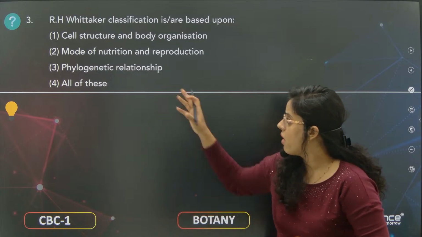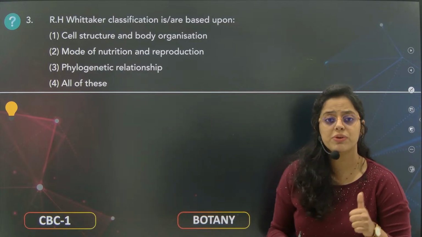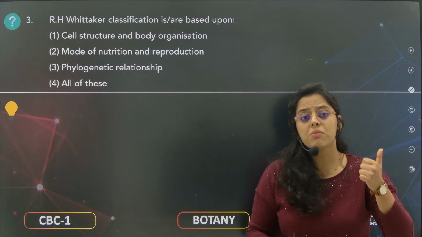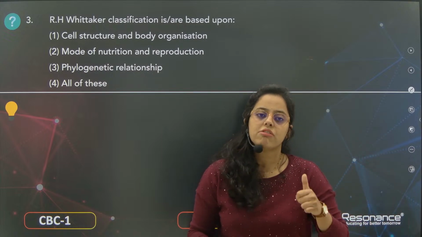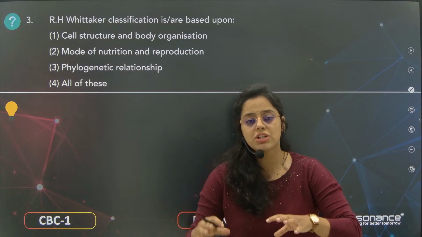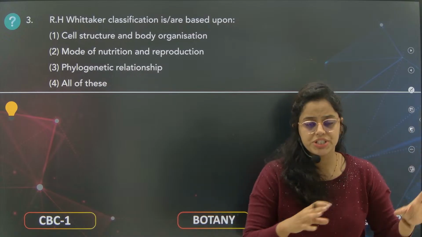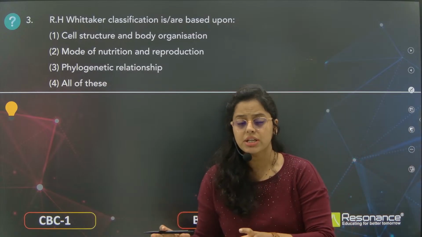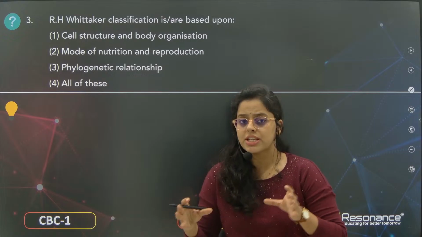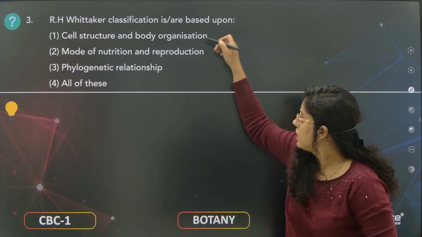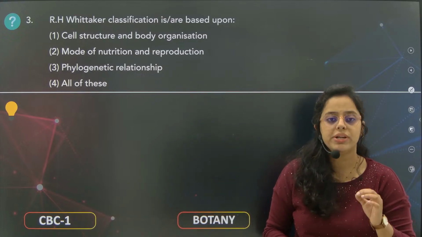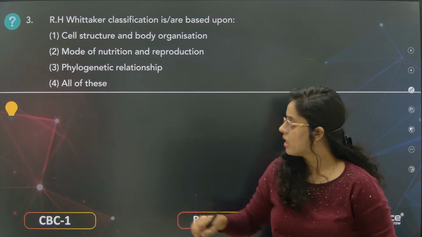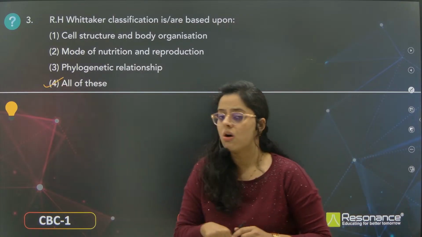These are the points that are considered in R.H. Whittaker classification. And what about phylogenetic relationship? Phylogenetic relationship means evolutionary, how they have originated, how they have evolved, okay? All this past history of the organism, all these points are considered in R.H. Whittaker classification. So here again our answer is going to be all of these.